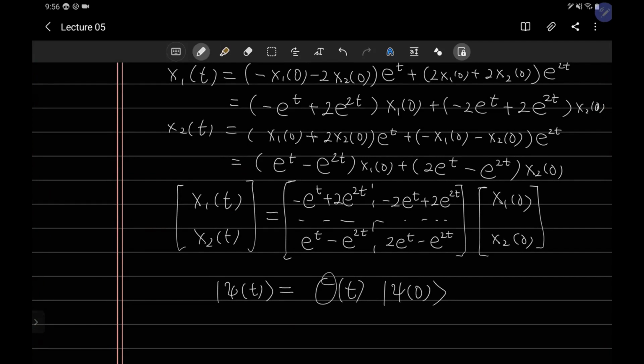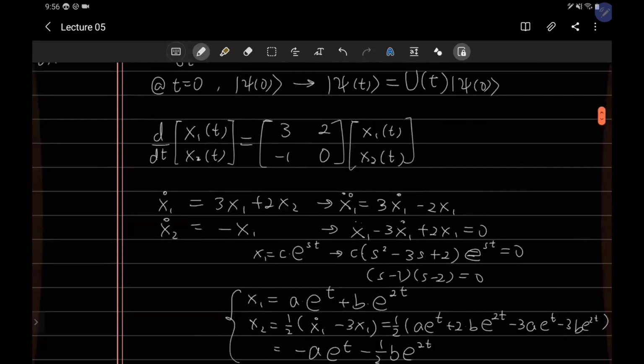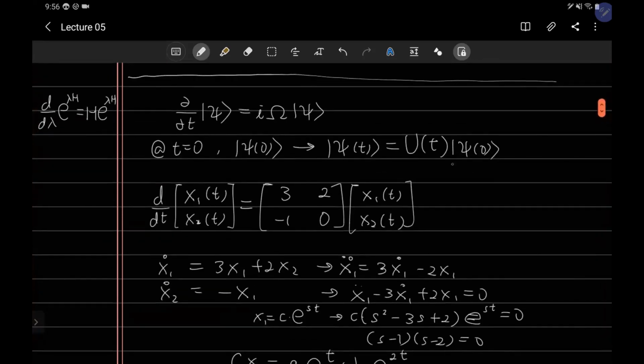So now this is a very similar form to the final form which I was looking for before.